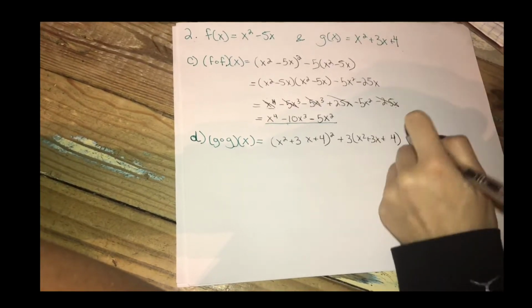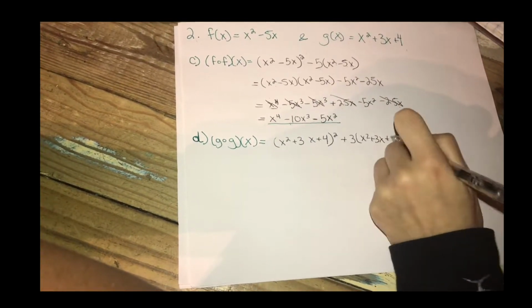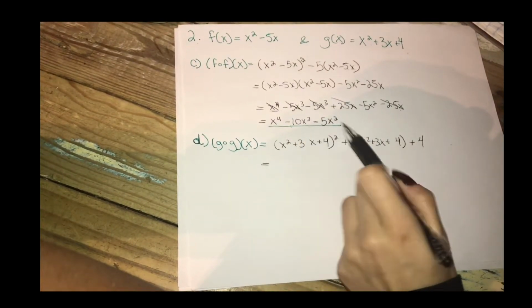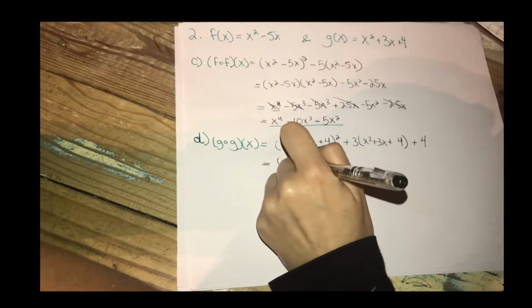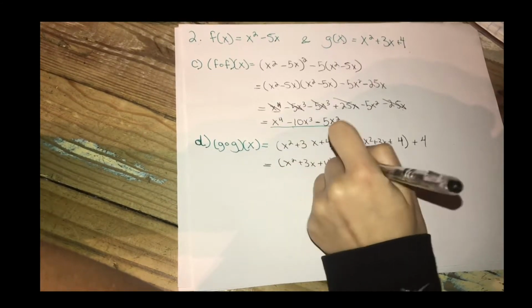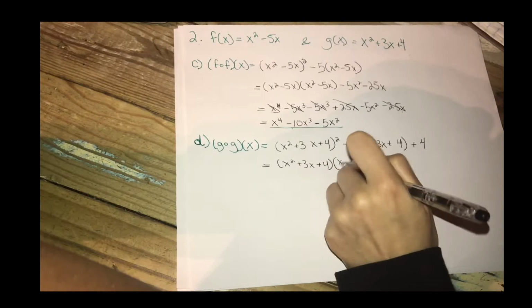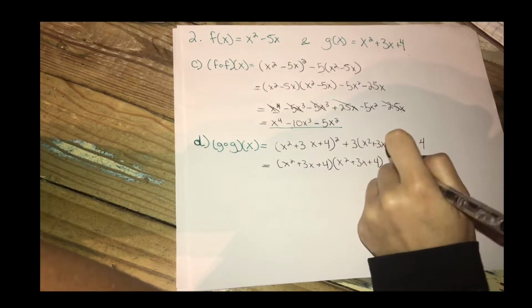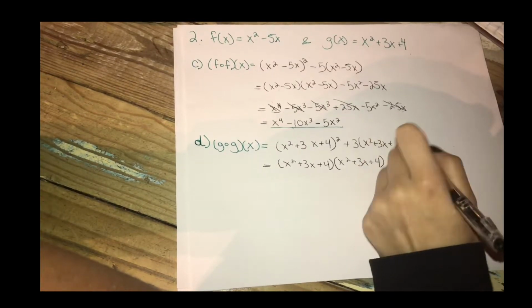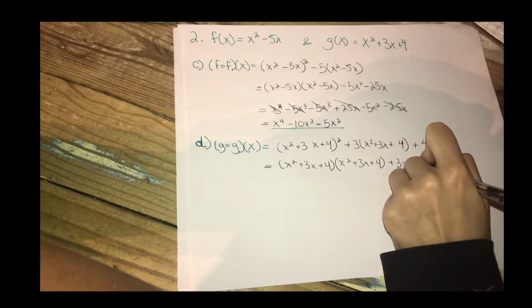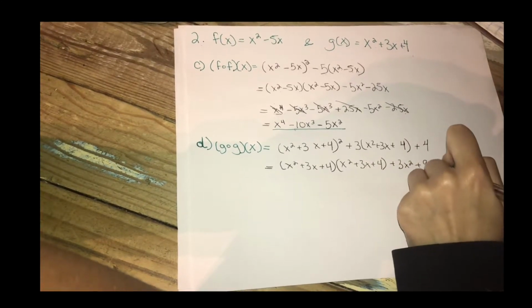Next, you would distribute the squared into the two equations and make it 2. So x squared plus 3x plus 4, and then multiply again, x squared plus 3x plus 4. Distribute the 3 into the equations, so plus 3x squared plus 9x plus 12, and bring down the 4.